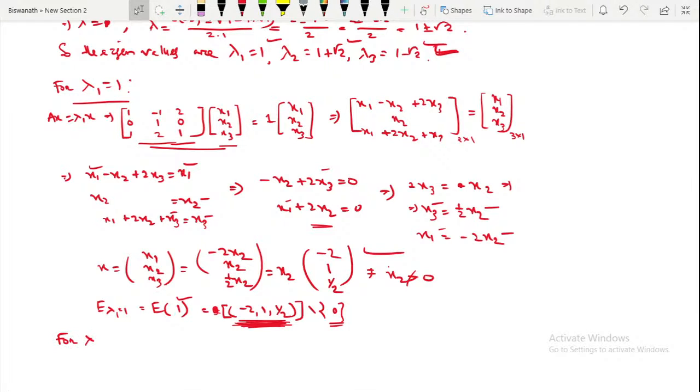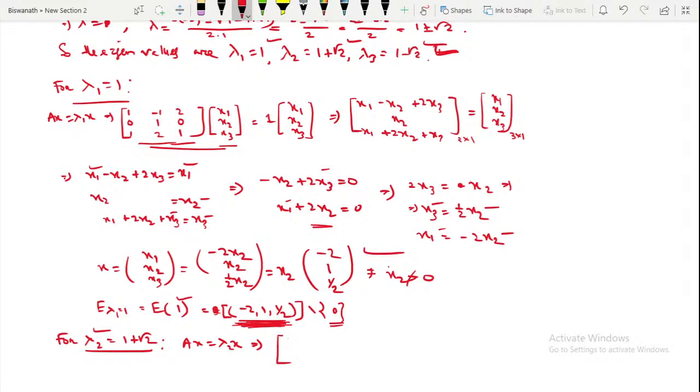Then for lambda 2 equal to 1 plus root 2. So if your lambda 2 is 1 plus root 2, then similarly find the corresponding eigenspace associated with this lambda 2. So this will be your Ax equal to lambda x, or lambda 2 x.